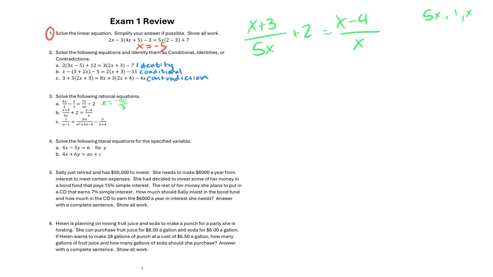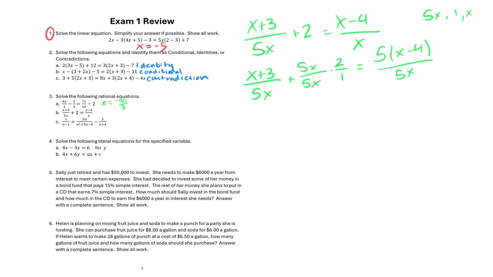So we don't have to multiply this first fraction by anything because the denominator is already 5x. This middle one, we have to multiply the top and the bottom by 5x, 2 over 1. And this last one, we only have to multiply it by 5. So we have 5 times x minus 4 over 5x.